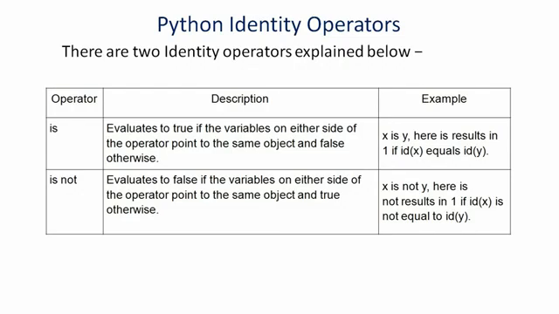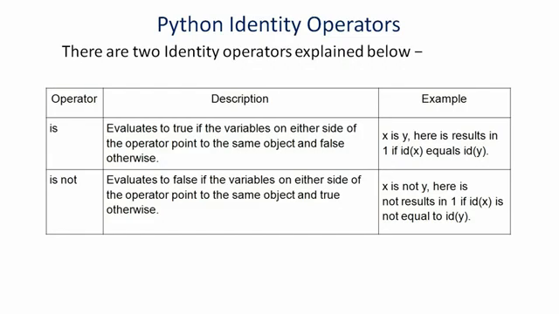For example, x is y results in 1 if x is equal to y. Is not evaluates to false if the variables on either side of the operator point to the same object, and true otherwise. X is not y results in 1 if x is not equal to y.